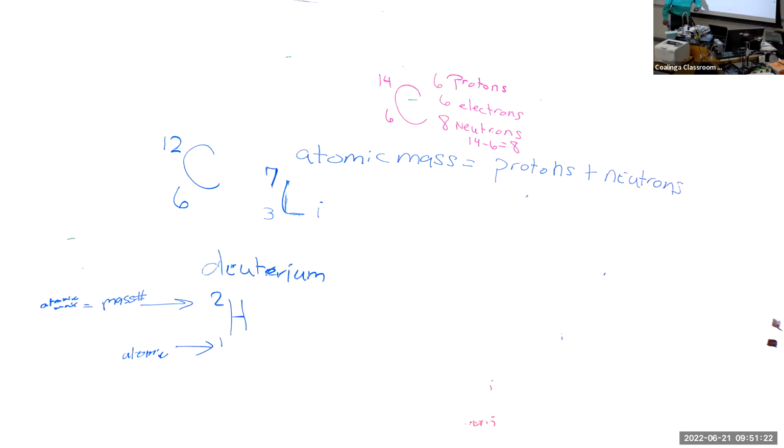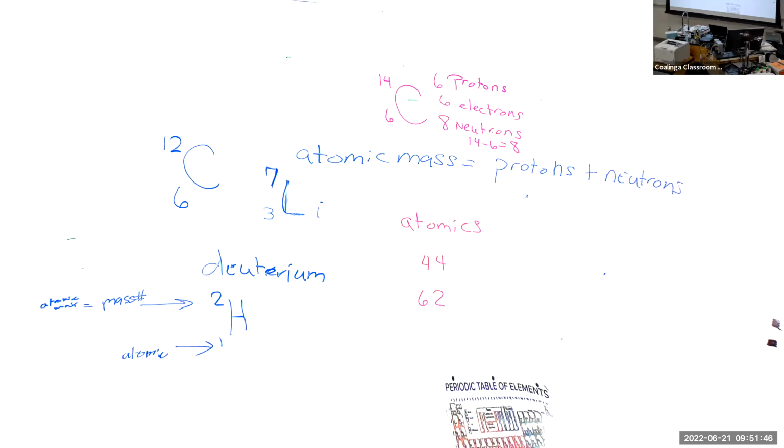Let's see, let's do. Tell me about the elements that have these atomic numbers: 44, 62, and 92.